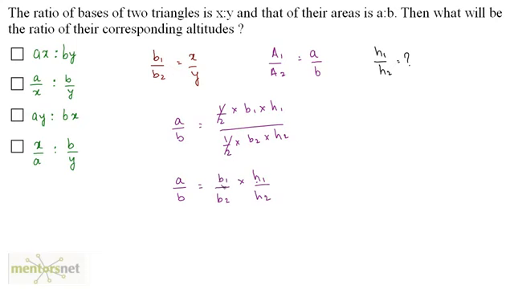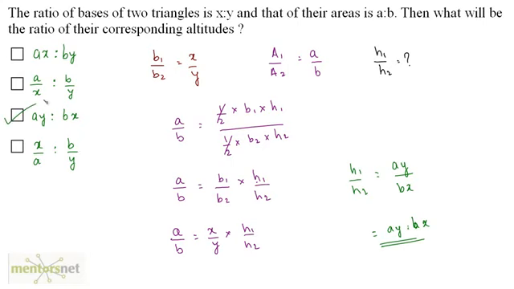So B1 by B2 is x by y. So we have A by B is equal to x by y times H1 by H2. So therefore H1 by H2 is equal to AY by BX. So this is equal to AY is to BX. So option C is the correct answer.